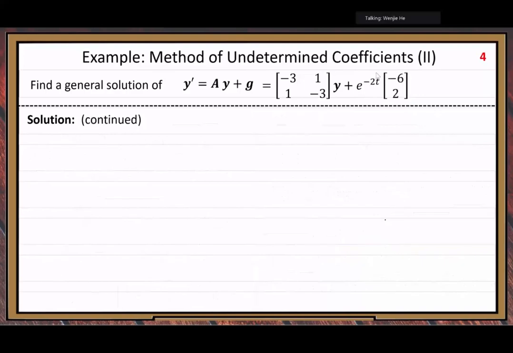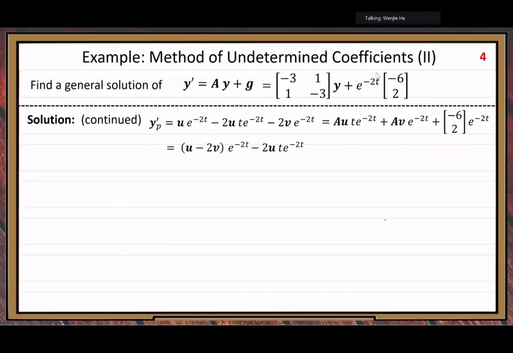Next slide. So let us set up equations, but we need to compare the like terms. For both sides, let's combine the like terms. This side also the like terms.